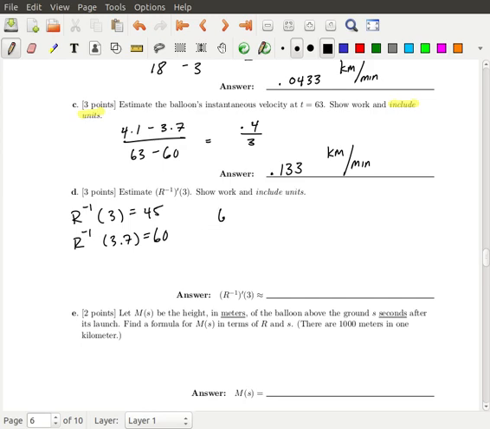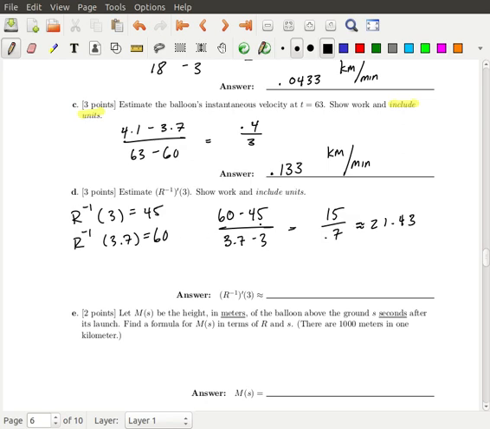So that's change in y, 60 minus 45, over 3.7 minus 3, which is 21.43. Again, that's an estimate.